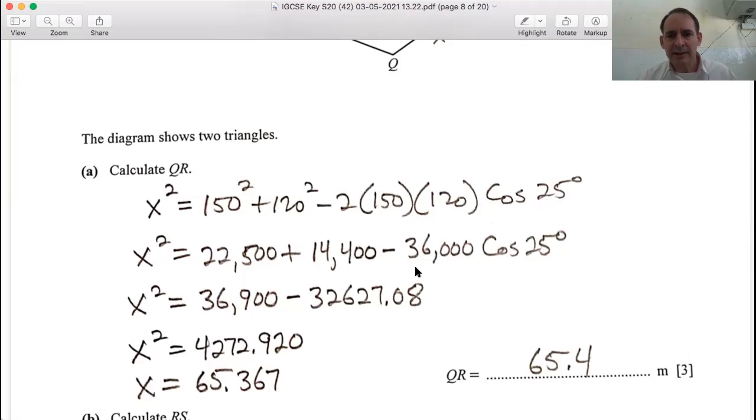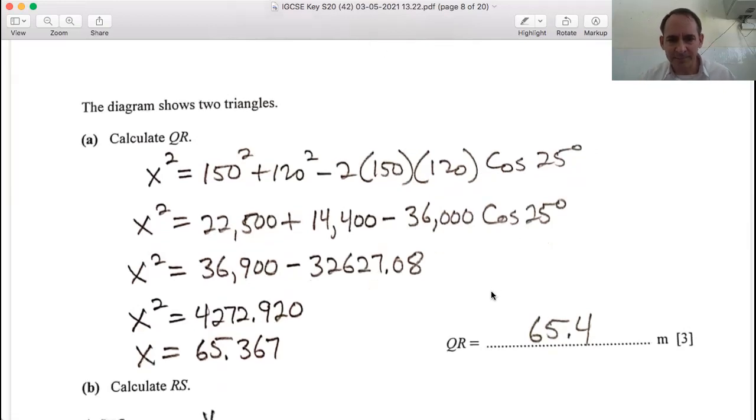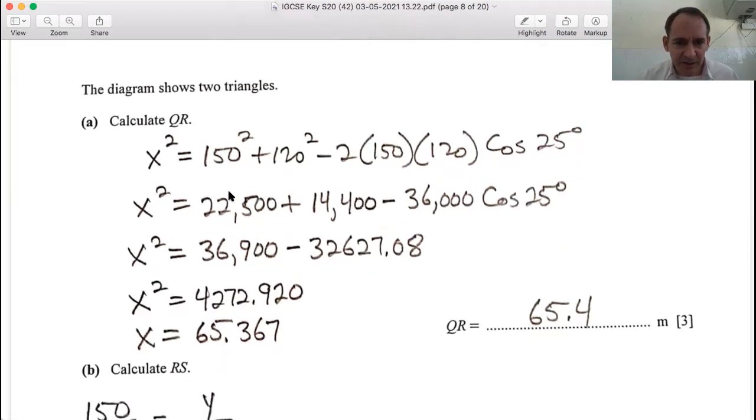Multiply all this out. I multiplied these numbers first. You can go ahead and do the trig as well if you want. So here, these two numbers can be added together: 22,500 plus the 14,400. You cannot subtract the 36,000 at this point because multiply comes before subtraction.